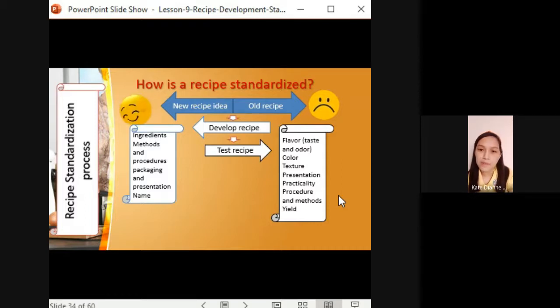Procedure and methods. So those are the first two steps.